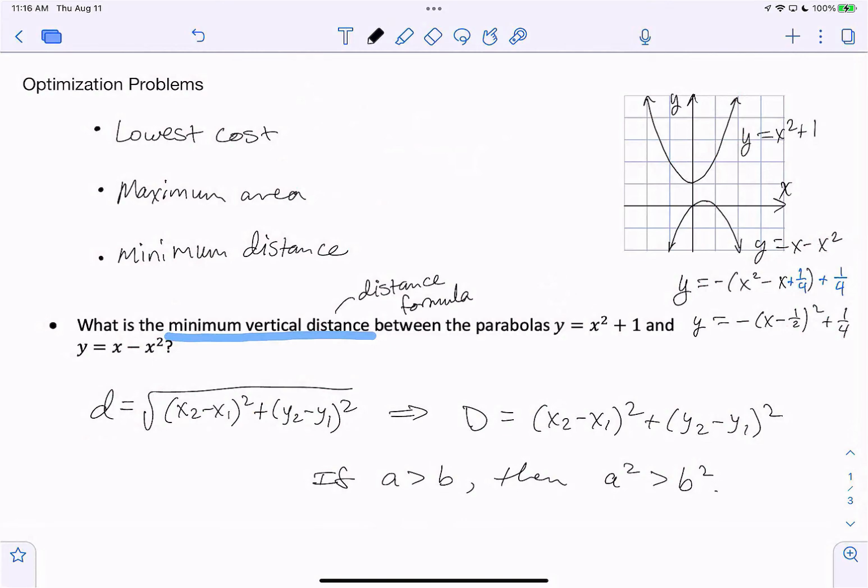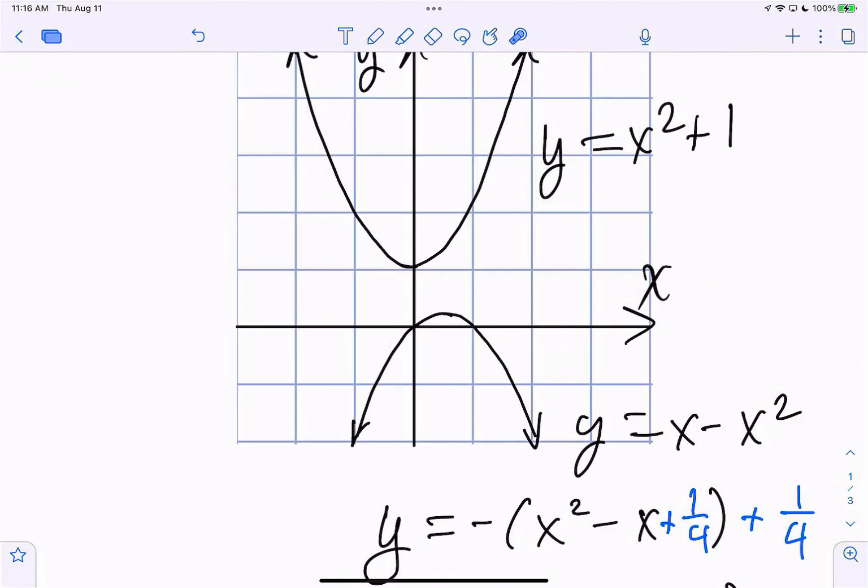Now, let's look at what it is we're dealing with, the minimum vertical distance. If we look at vertical line segments between these two parabolas, you can see that some of these vertical lines are shorter than others. And what we're asked for in this exercise is the length of the shortest vertical line. As we know, the distance formula would be the distance between 2 points.